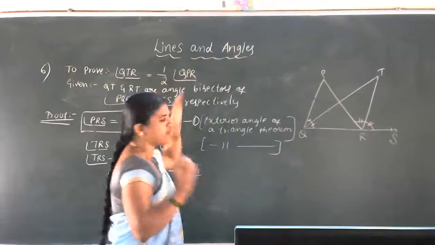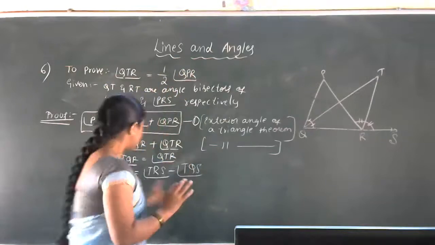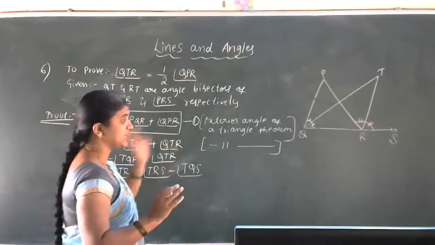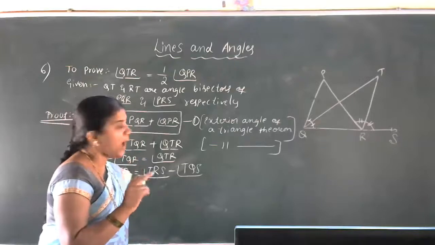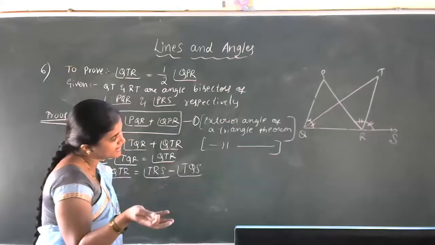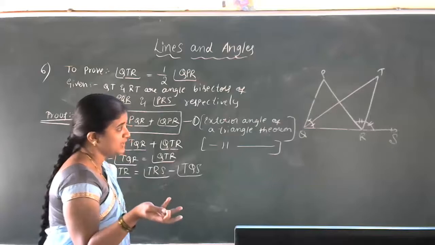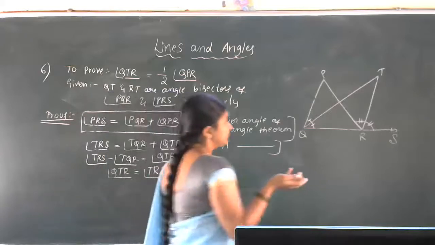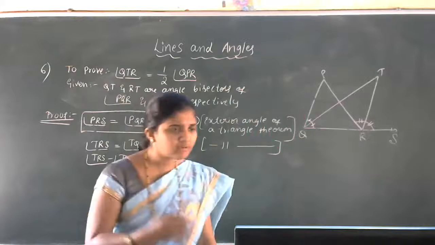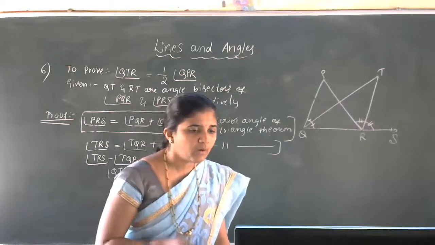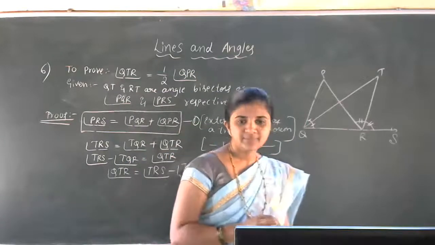Now in the RHS part, we need half of QPR. Here we have TRS and TQR. Just observe that TRS. How can we write TRS in the form of something? You have to help me to solve the problem. Use some idea that helps the proof, quickly. All are very silent.